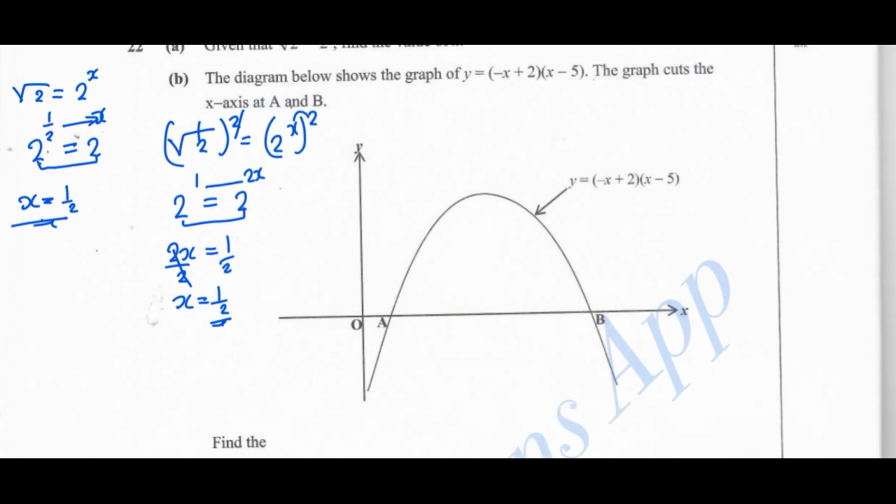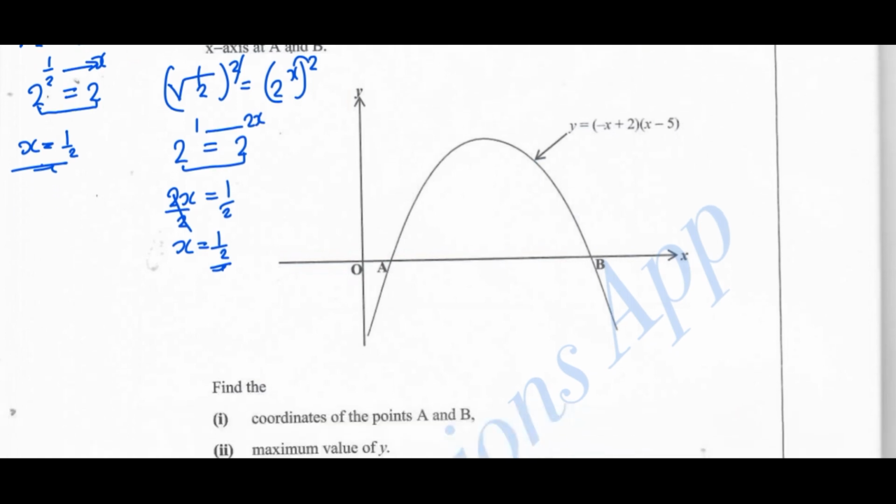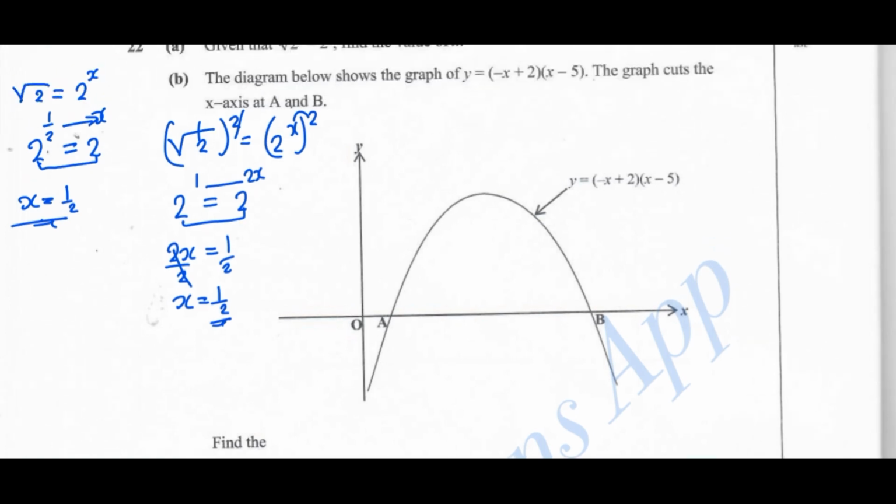Then we move on to question B. The diagram below shows the graph of y is equal to this. The graph cuts the x-axis at A and B. Find the coordinates of the points A and B. Okay, so say negative x plus 2 times x minus 5 is equal to the y value. On the x-axis y is 0.